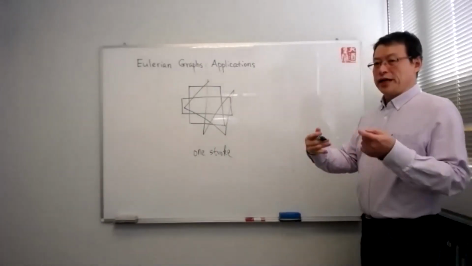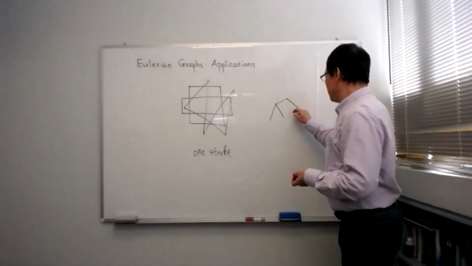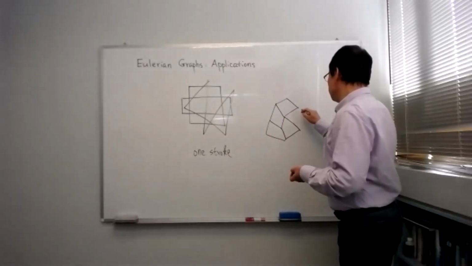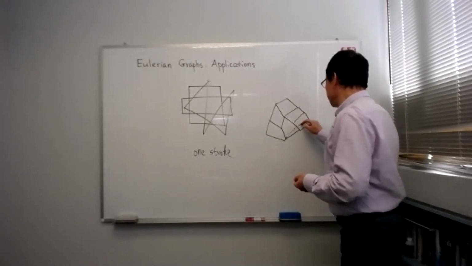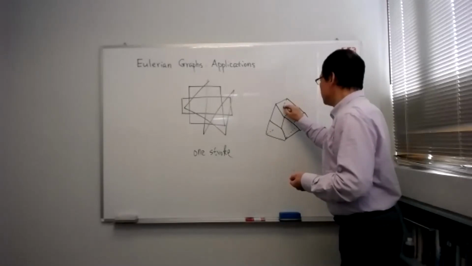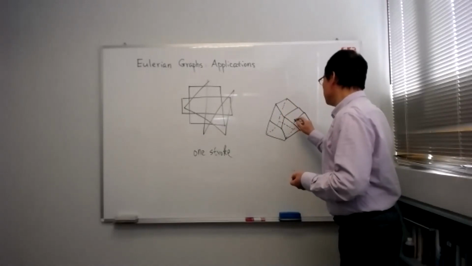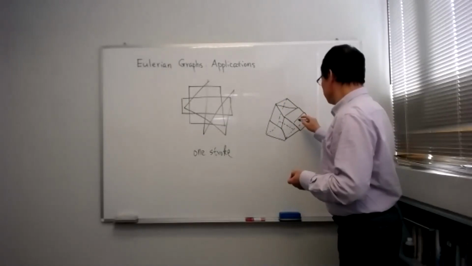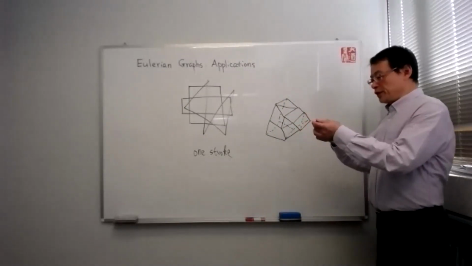Another one is the polyhedron, which I showed you last week. Given a polyhedron, it's difficult to show in 2D, but this looks like 3D. There is something on the back which we cannot see.